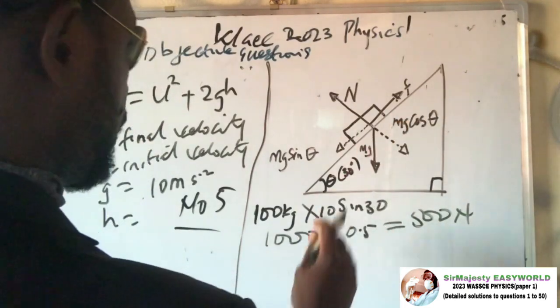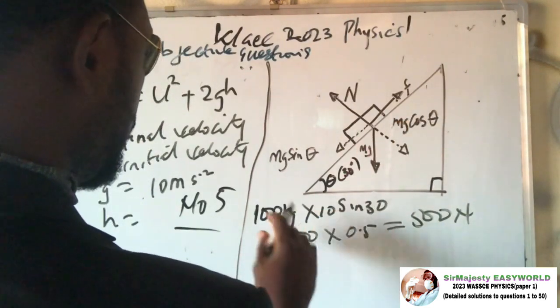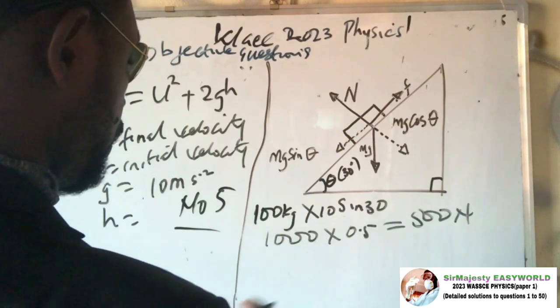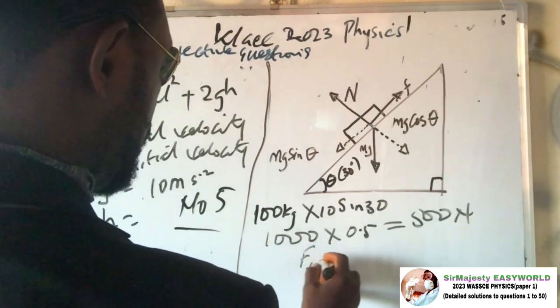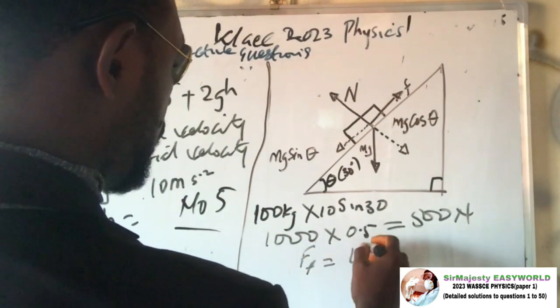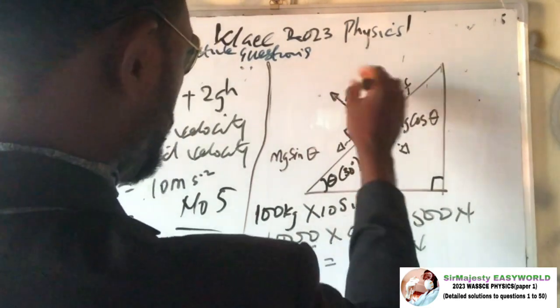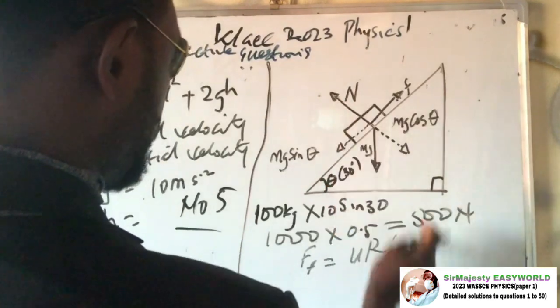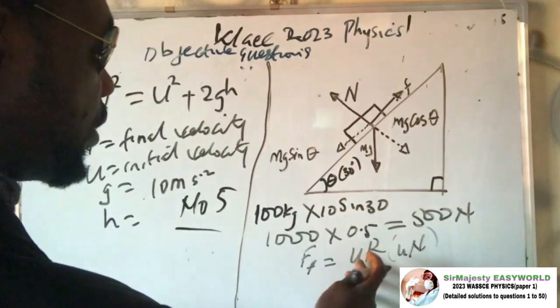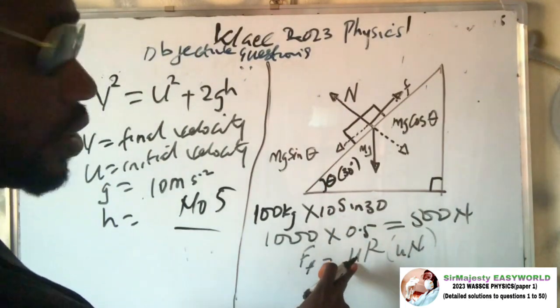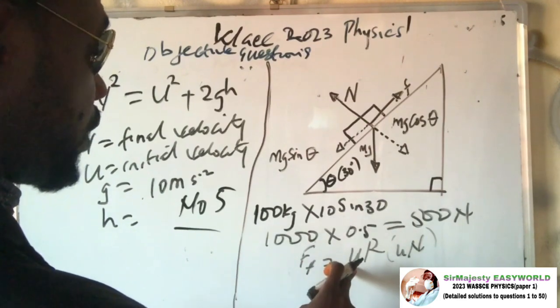although in real sense we need to find the frictional force, which is equal to mu times the reaction, or mu times the normal, because this is the normal force, where mu is the coefficient of friction.